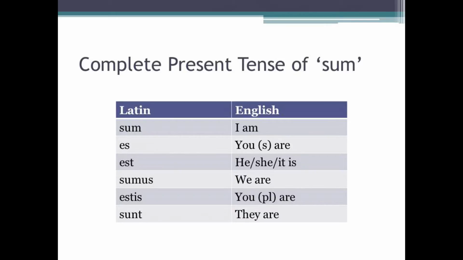Notice the endings are similar to the normal present tense, but instead of o, s, t, mus, tis, nt, in this case it's m, s, t, mus, tis, nt. Try to learn this conjugation because it's commonly used in Latin.